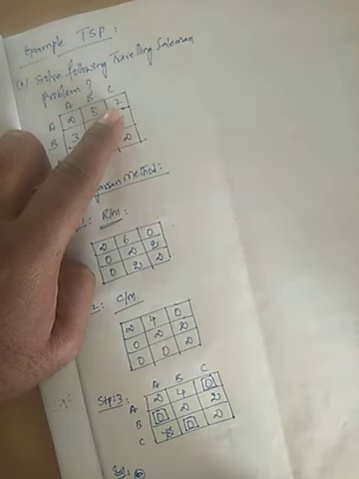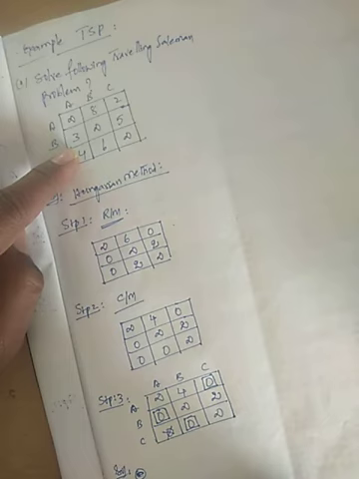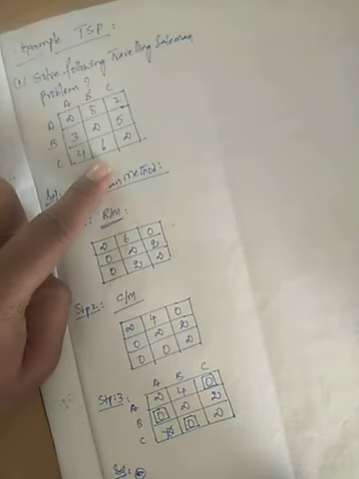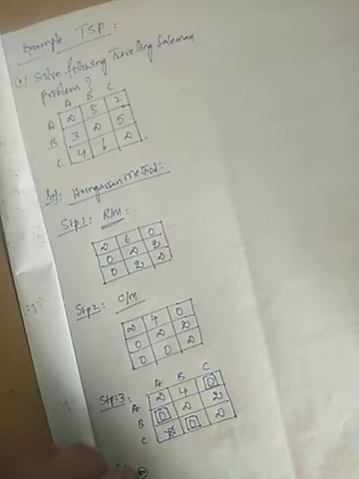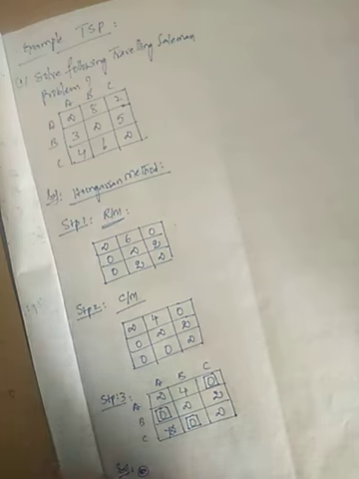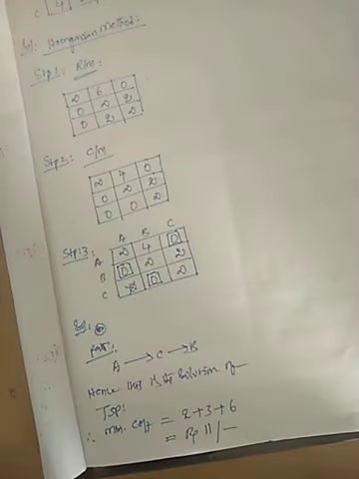This is 2 plus this is 3 plus this is 6. So how much you will get? Rupees 11. So this is called traveling salesman problem.